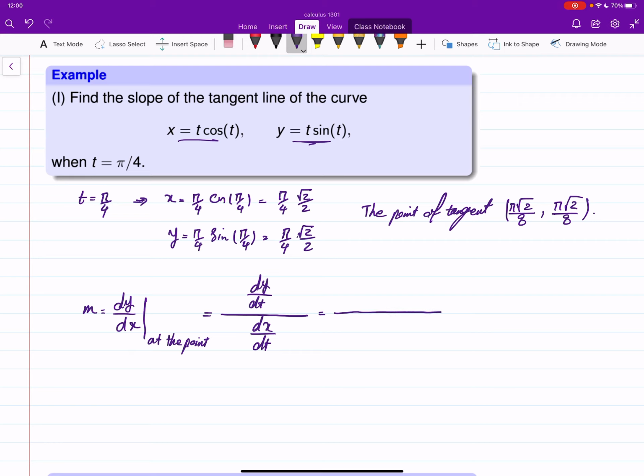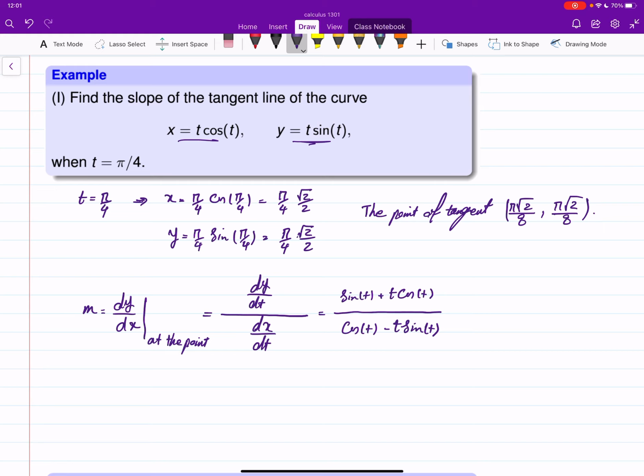Okay, so here the derivative of y is sine t plus t cosine t, and the derivative down there is cosine t plus minus, because the derivative of cosine is negative sine, and I'm using the product rule. Okay, now here's the important thing.